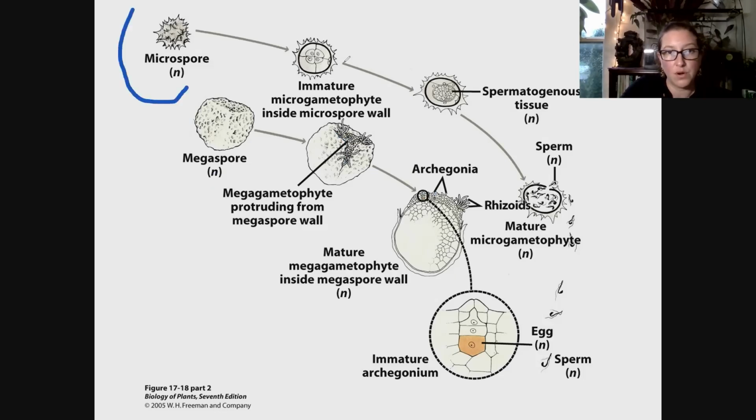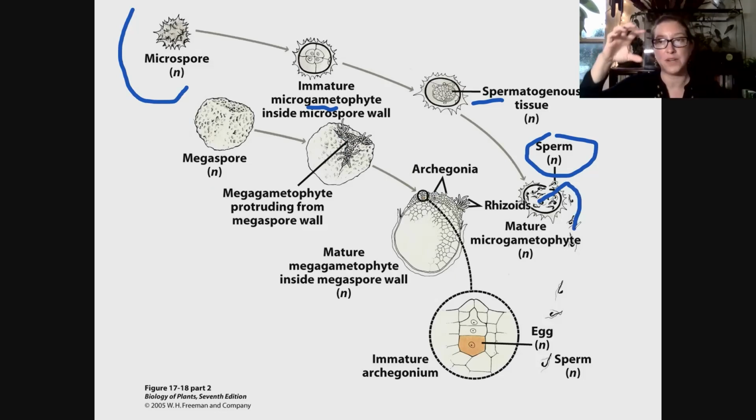Inside the microspore is that male gametophyte plant. Now the male gametophyte plant is just a single antheridium. That's it. That's all that's left. That antheridium is going to have tissue that makes sperm. Here you go. Eventually, the sperm will be made inside of that microspore and be released.